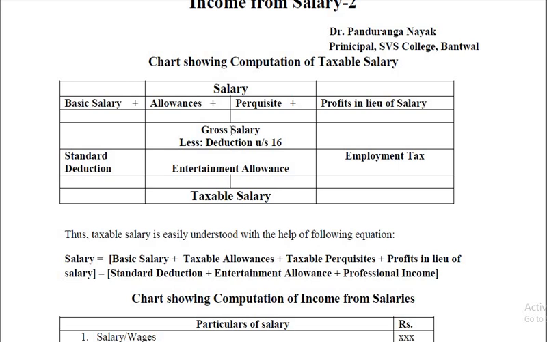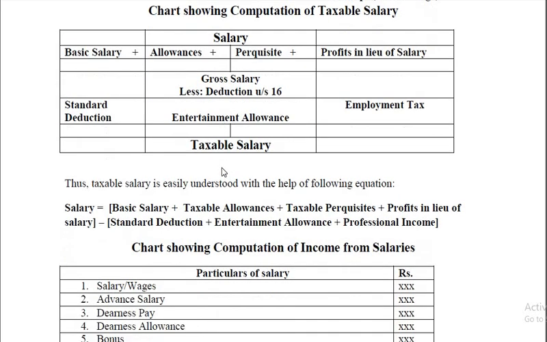So there are three deductions. One is standard deduction, second one is entertainment allowance, third one is employment tax. What is standard deduction? See, in the recent past, standard deduction was not there. Very recently, once again, it has been introduced.